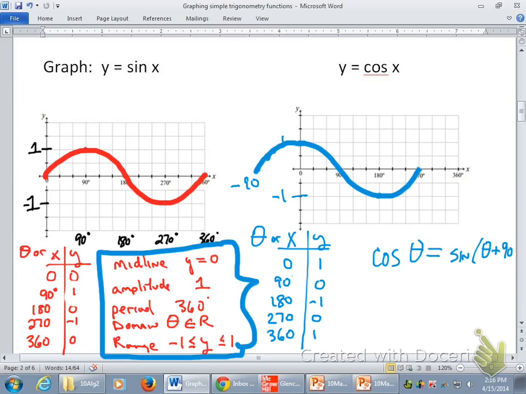You add 90 to the inside. Sine of x plus 90 looks the same as cosine x. So cosine is a translation of sine. Anything you can do with cosine, you could also do with the sine, just translate it.